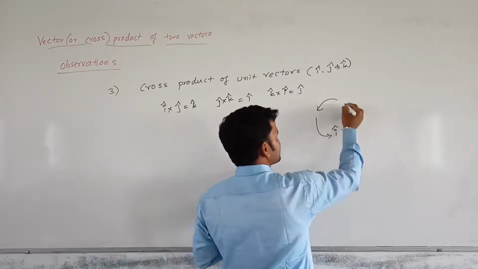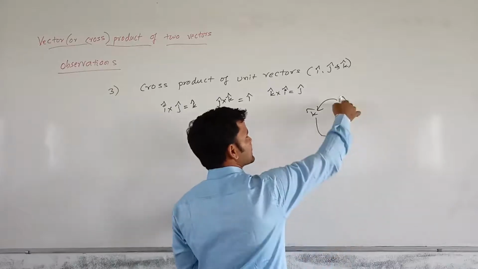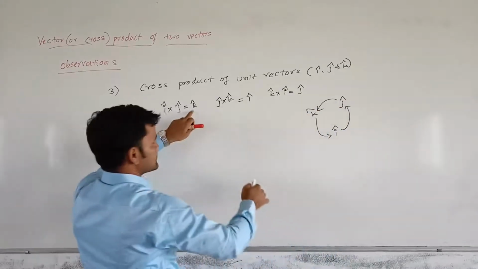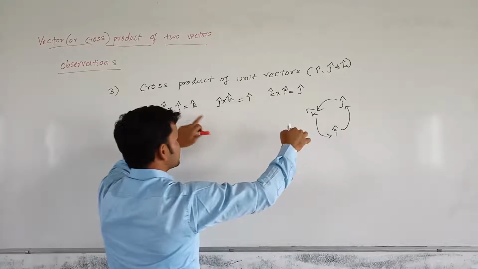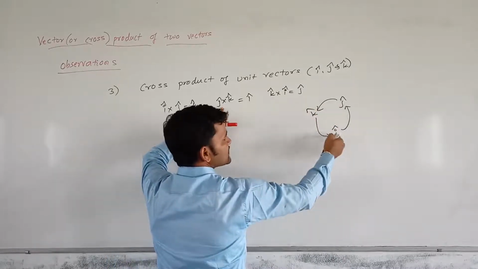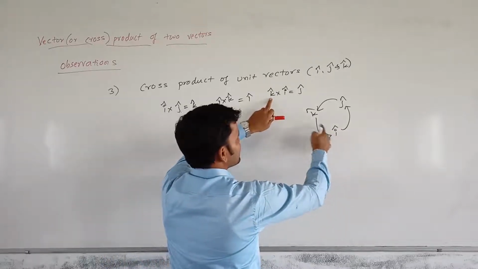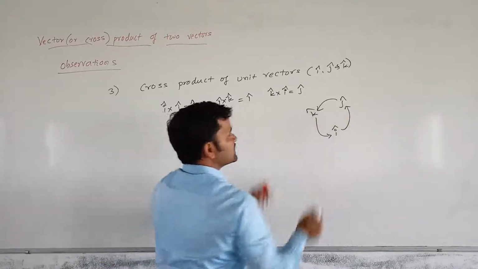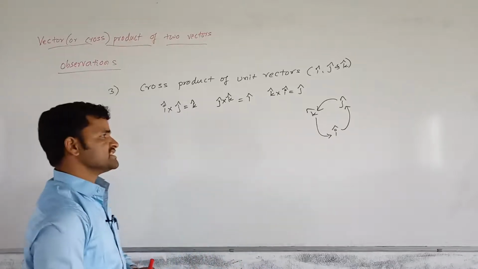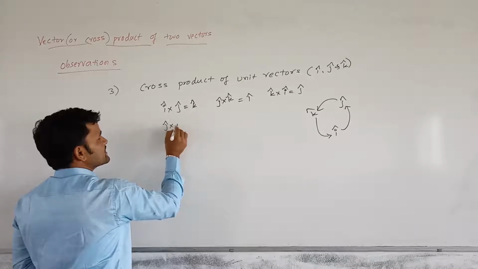You take it as i, j and k. i cross j is k in the anti-clockwise direction. Next, j cross k is equal to i cap, and k cross i is next, j cap. Simple.